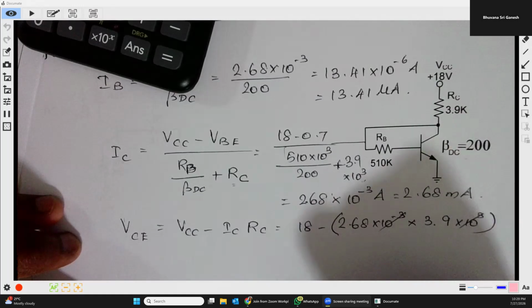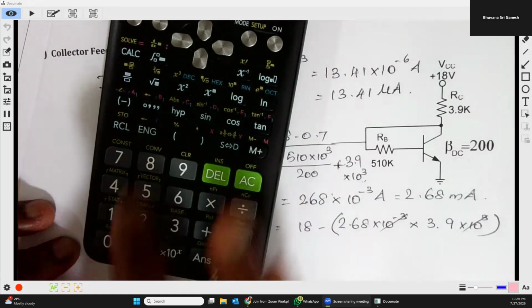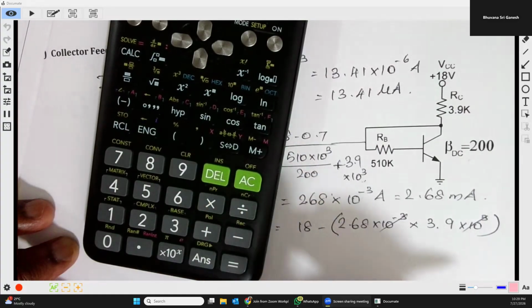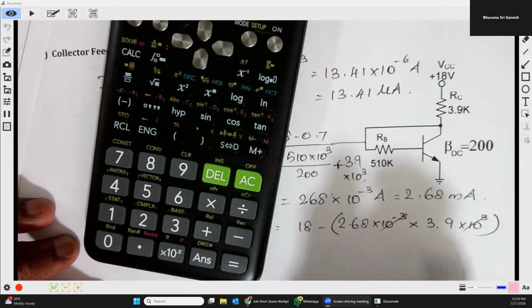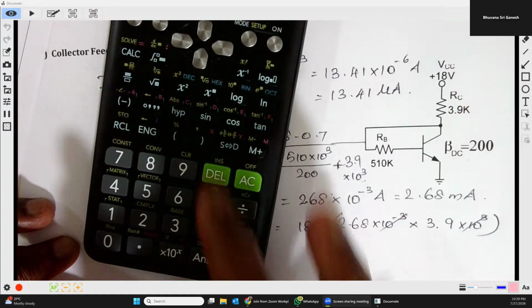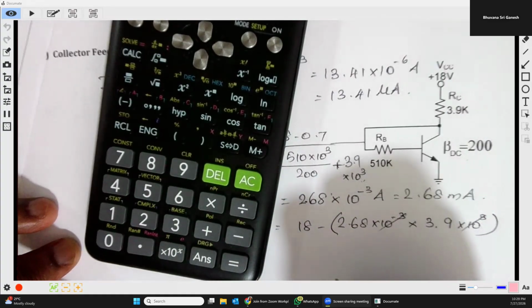The powers cancel. Now 2.68 times 3.9 equals 10.452. 18 minus the answer equals 7.54 volts.